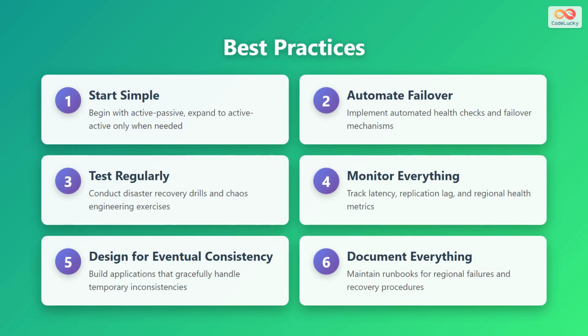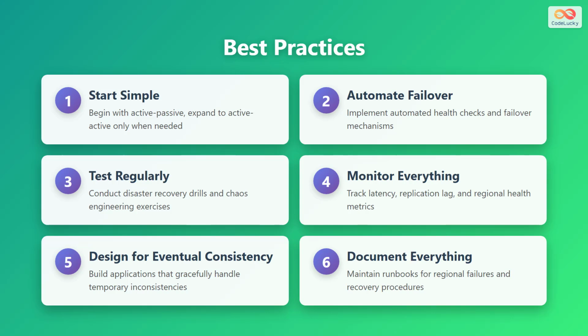Follow these 6 best practices for successful multi-region architecture. First, start simple. Begin with active-passive deployment and expand to active-active only when business needs justify the additional complexity and cost. Second, automate failover. Implement automated health checks and failover mechanisms to minimize downtime during regional failures. Third, test regularly. Conduct disaster recovery drills and chaos engineering exercises to validate your failover procedures work as expected.